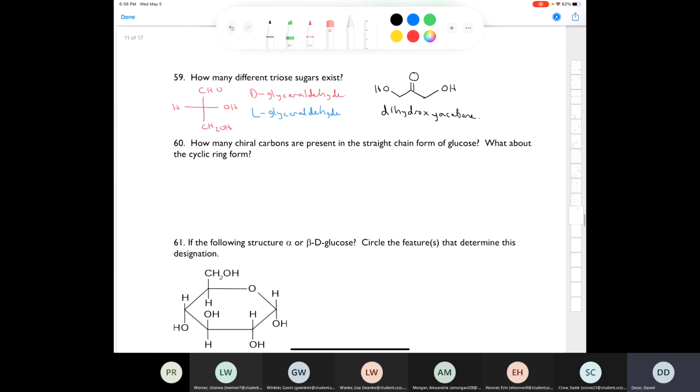All right, number 60. How many chiral carbons are present in the straight chain form of glucose? What about the cyclic ring? This is a good question. I don't know if it's something that you've ever thought about, but if we draw the straight chain form of glucose, which looks like this.